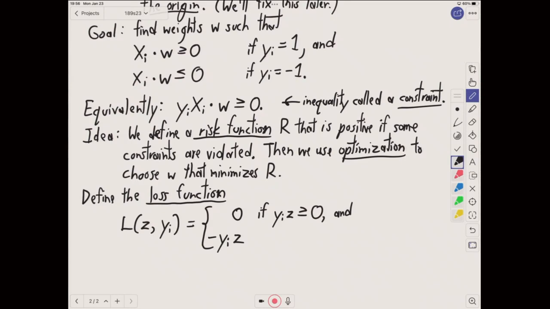But if the prediction is wrong, if the signs don't agree, if the prediction is negative and the label is positive, or vice versa, then we are going to have a loss of minus yi times z. I know there's a minus sign there, but this is always going to be positive, because we only score that if yi and z have opposite signs. So that's always going to be a positive loss if our prediction is wrong.